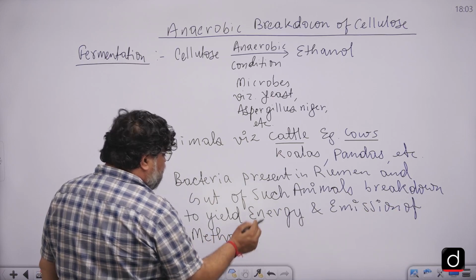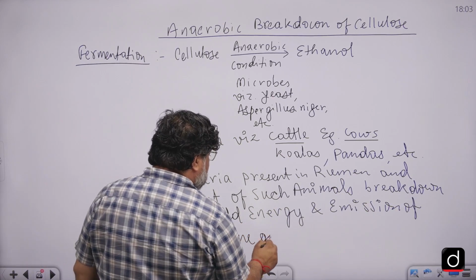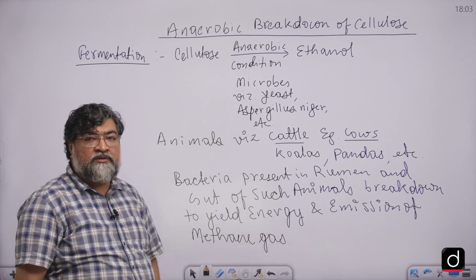One of the sources of methane, which is a greenhouse gas, is animal husbandry. It happens from animals.